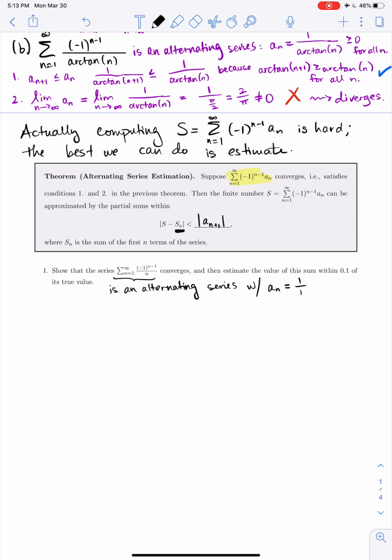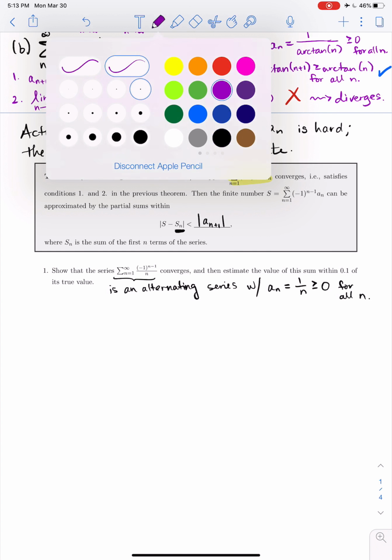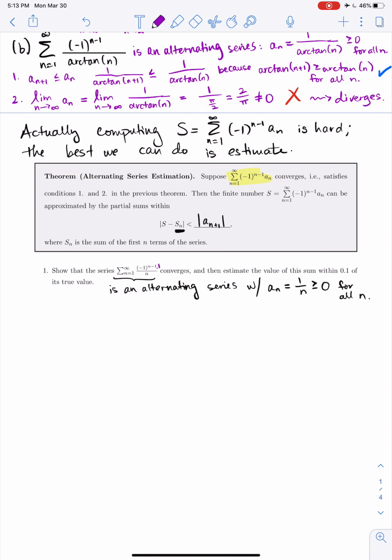And our base sequence is 1 over n, positive 1 over n. And that is always greater than or equal to 0. So again, here is that base sequence, 1 over n, where we're excluding the alternating part.